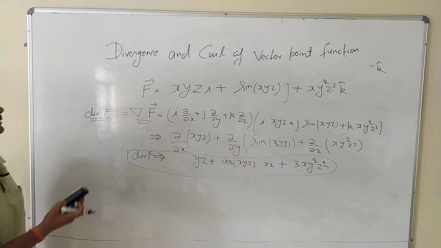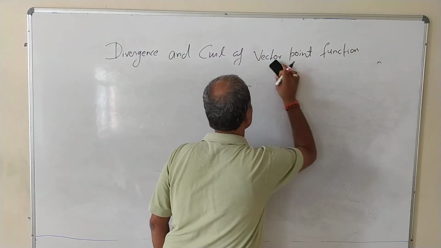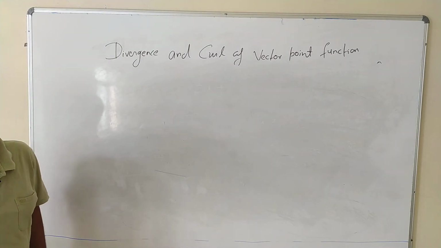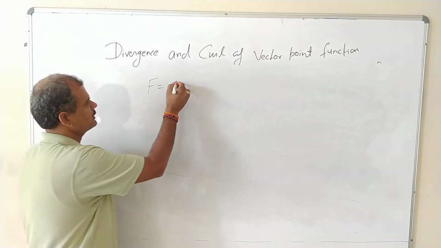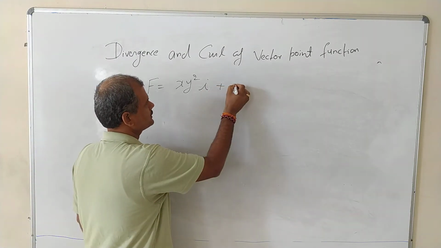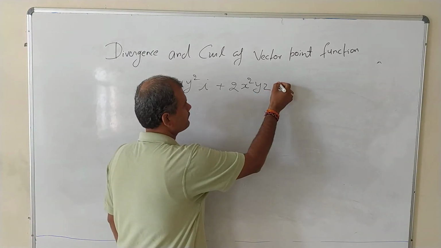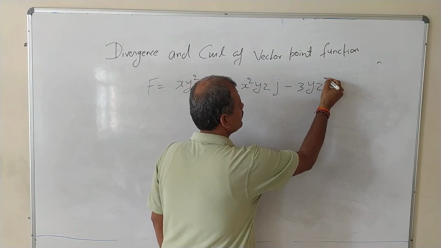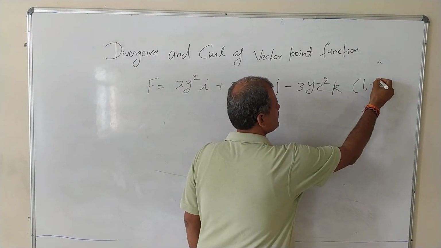Let us take one more question based on the divergence and curl. The question is to find the divergence and curl of the given vector F equal to xy² i plus 2x²yz j minus 3yz² k at the point (1, -1, 1).